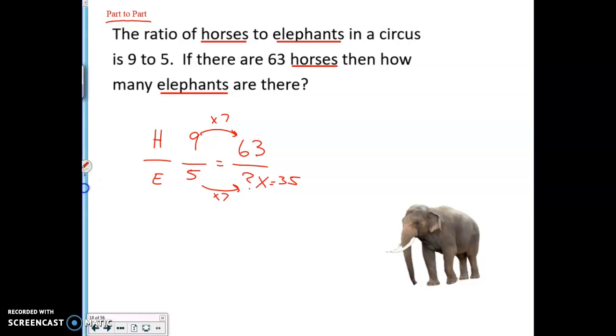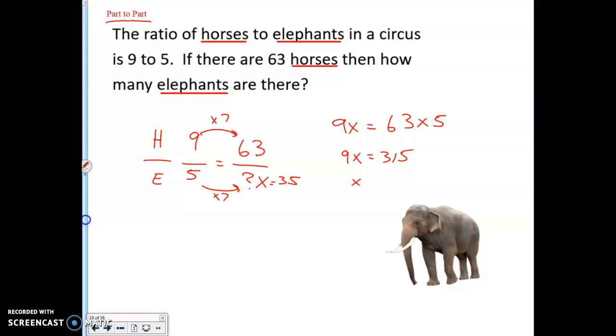Or, if I again want to do the cross-multiplying method, this would become 9X equals 63 times 5. Okay, so combine those two things, I end up with 315.